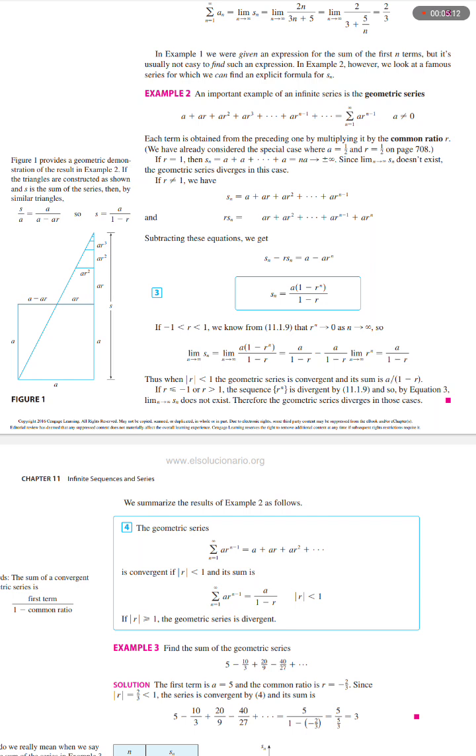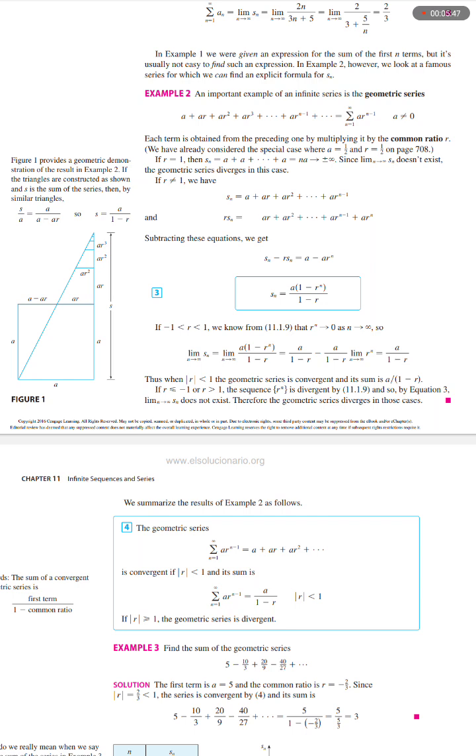I guess this is equation 3. S sub n equals A times (1 minus R to the power n) over 1 minus R. If R is greater than negative 1 and less than 1, we know from section 11.1.9 that R to the power n approaches 0 as n approaches infinity.